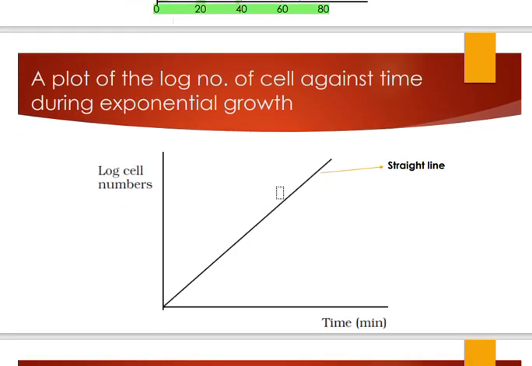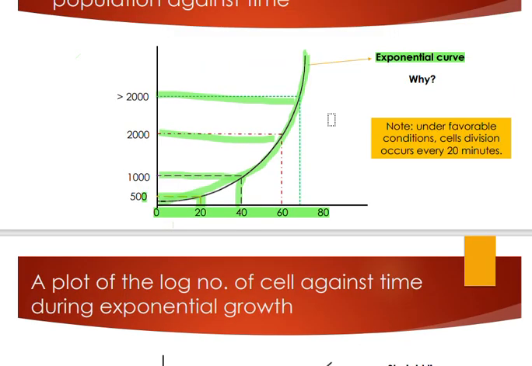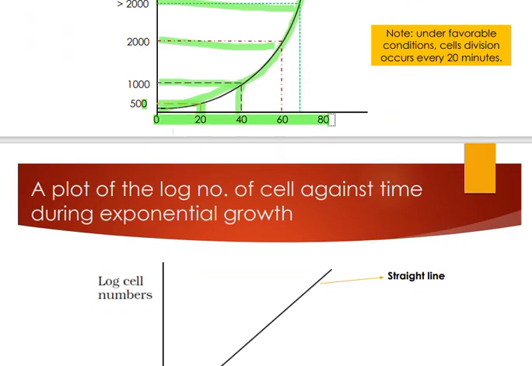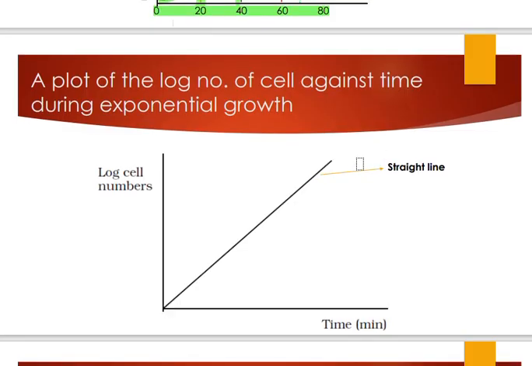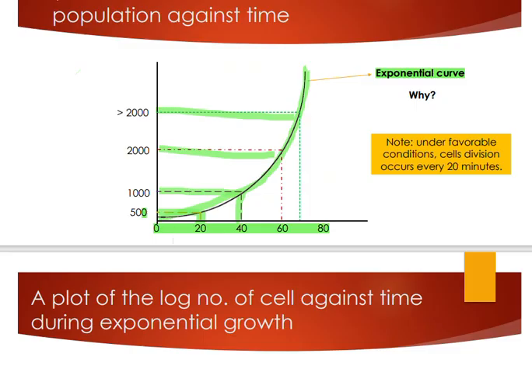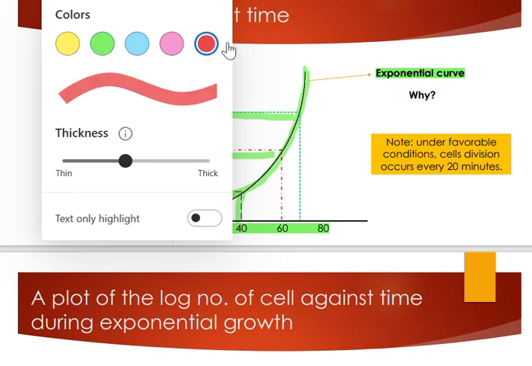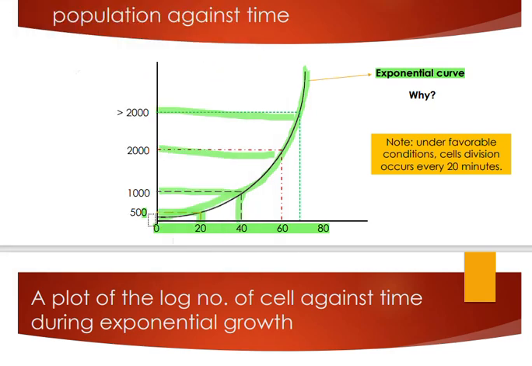We also have here a plot of the log cell number against time during exponential growth. You can observe here that when there is an exponential curve, you can also plot a straight line following the log cell number as well as time. So you can basically form a straight line from this exponential curve.